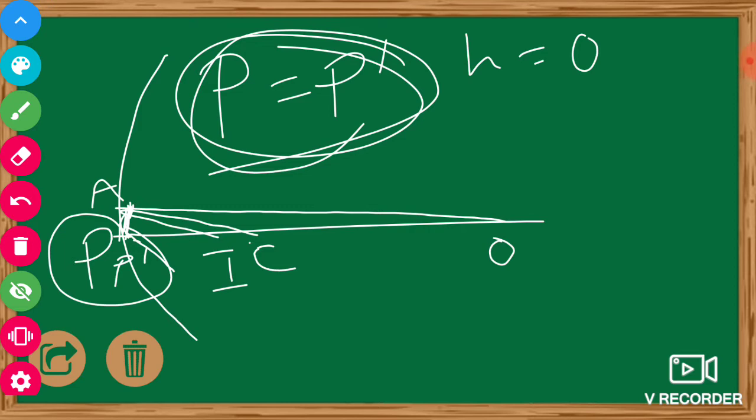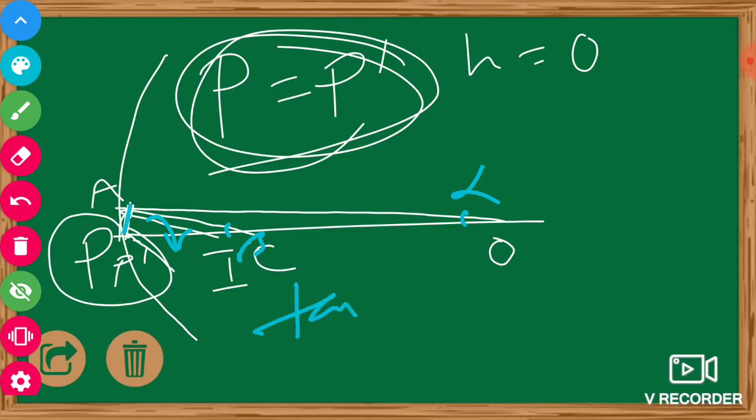So here we have to find alpha, beta and gamma for the second diagram, in which the height is negligible and also P is equal to P dash. Here also the opposite side is AP dash.